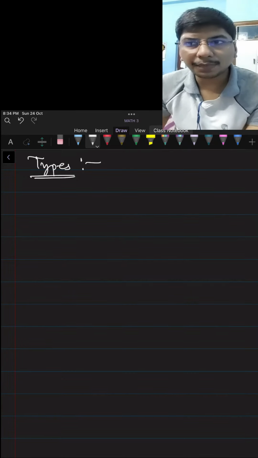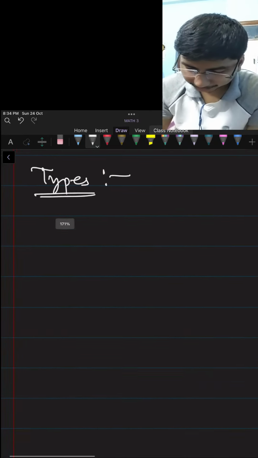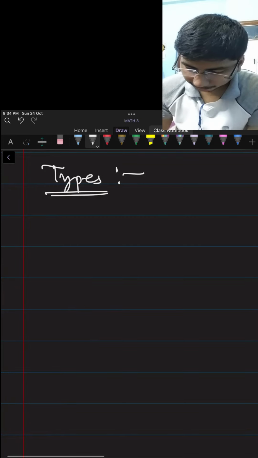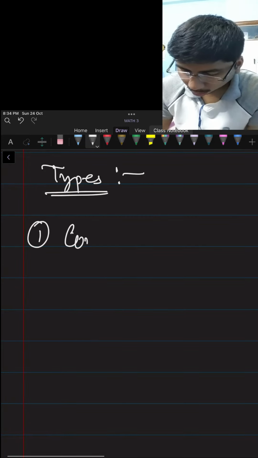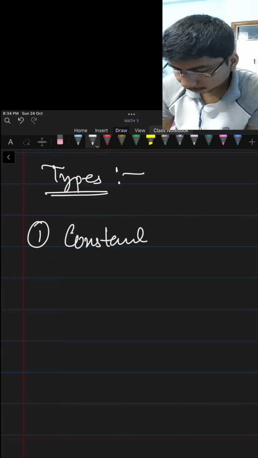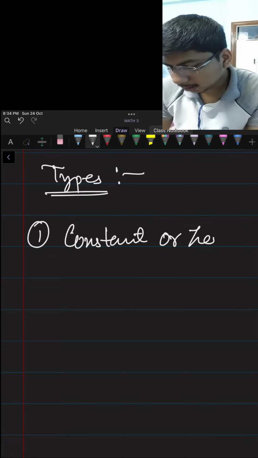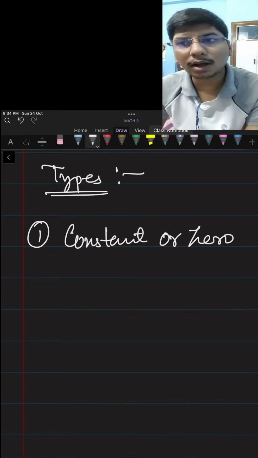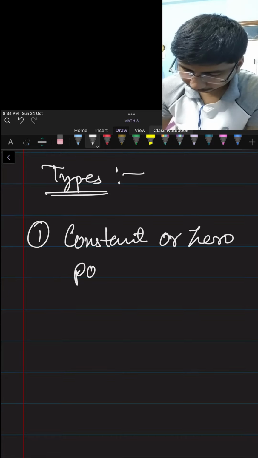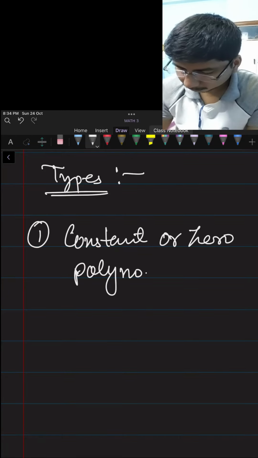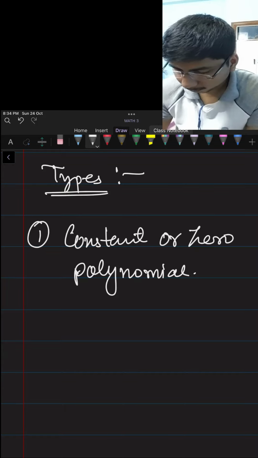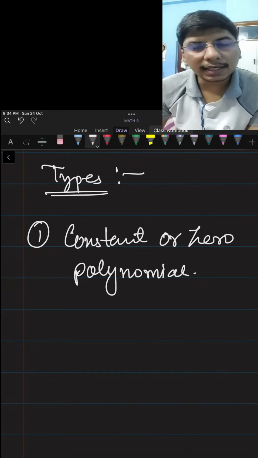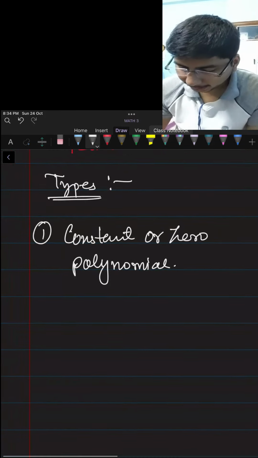Next we will start the types of polynomial. The first type is the constant or zero polynomial.